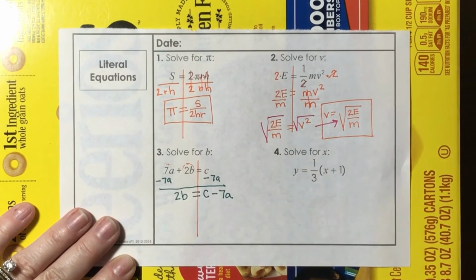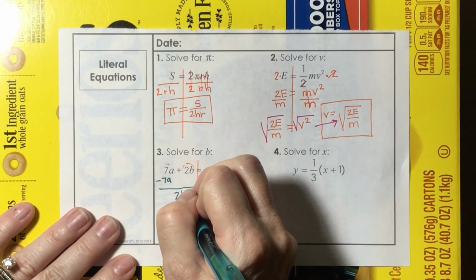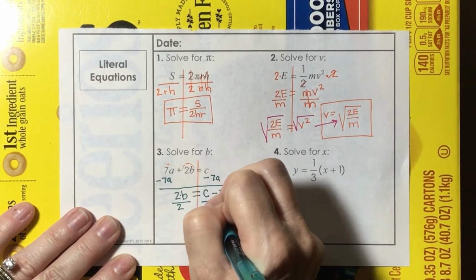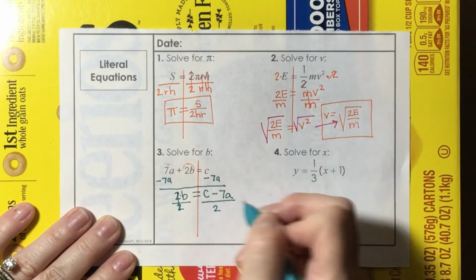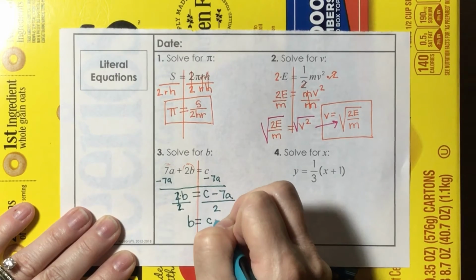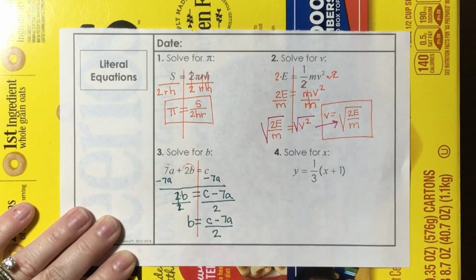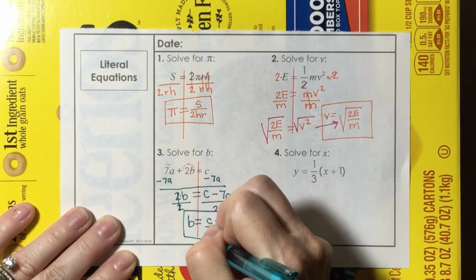So I'm just going to rewrite that because there's nothing I can do to it. Now I'm going to do the opposite of multiplying by 2, which is dividing by 2. So I'll do that same thing over here. And 2 divided by 2 is 1, so that leaves us with 1b equals c minus 7a all over 2. And that's our end answer because there is nothing else we can do to it.